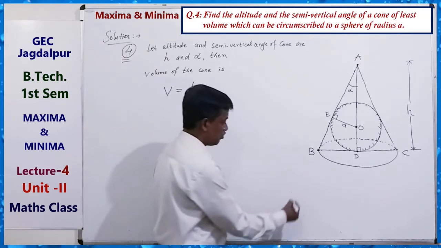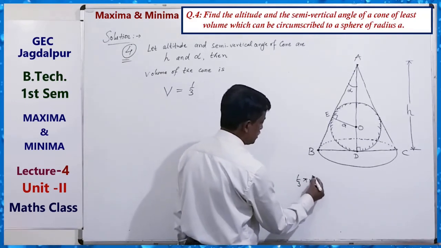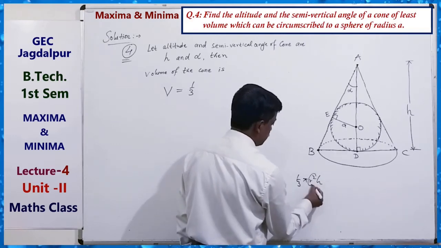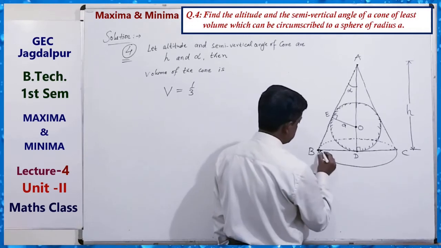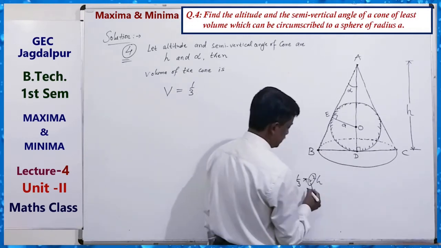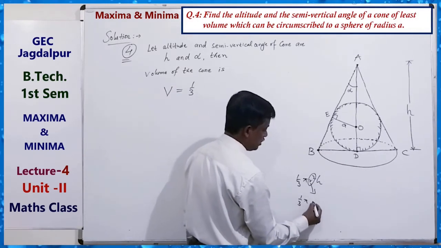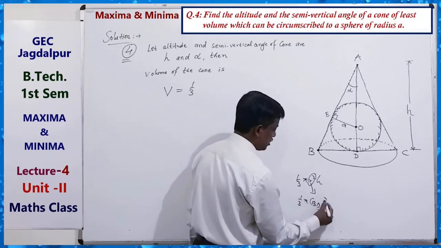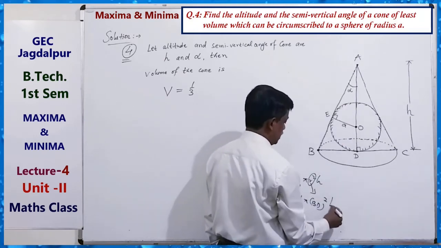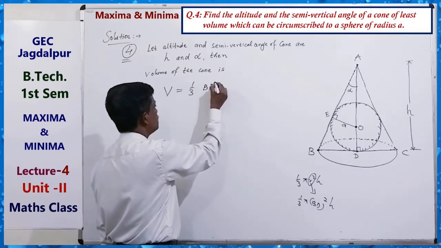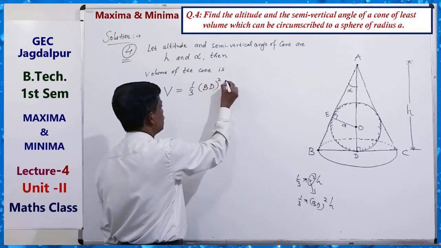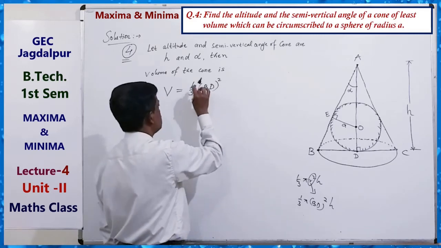Just we know the formula, 1 by 3 pi r square h. r means radius. So the radius is BD, 1 by 3 pi BD square, and the height is h.